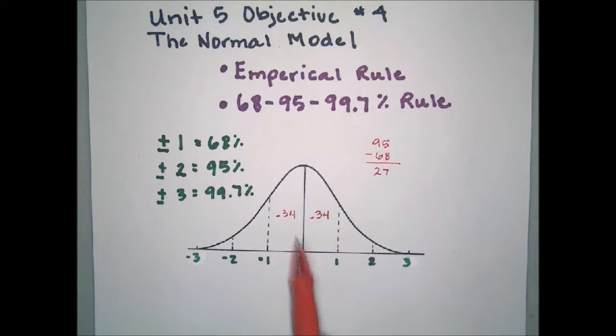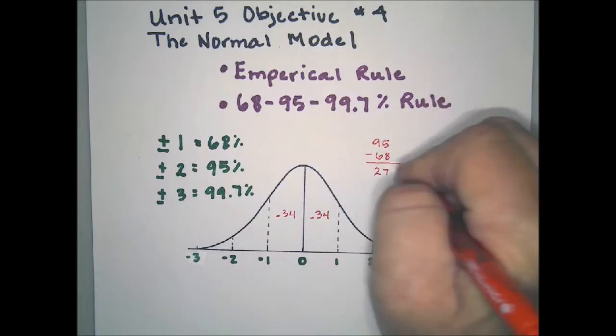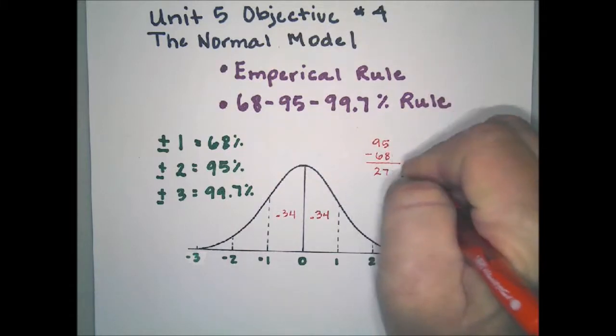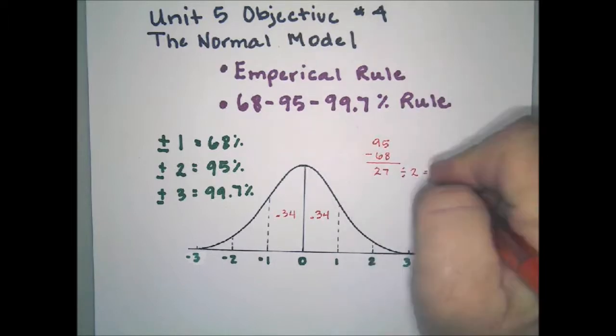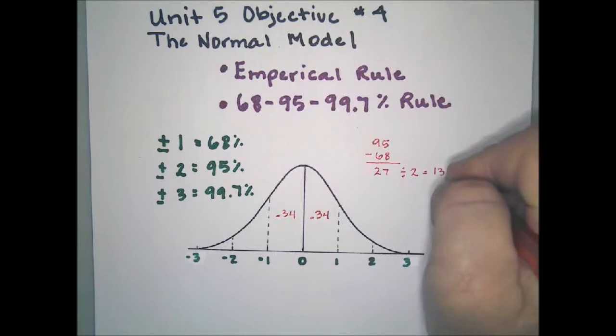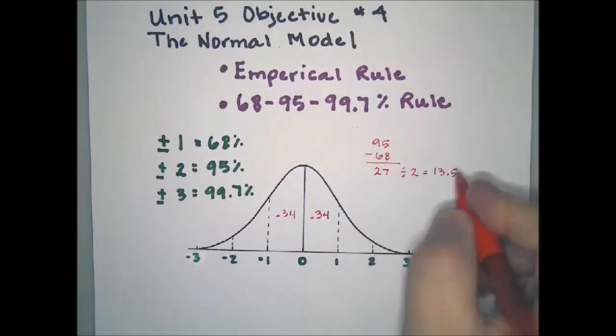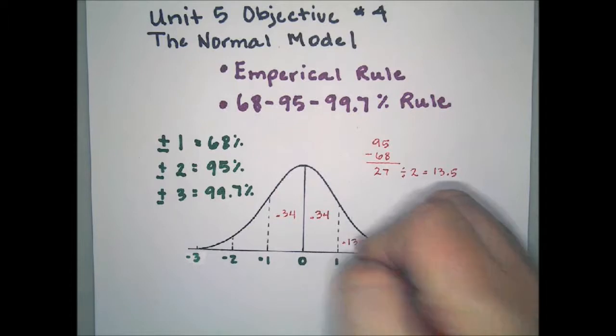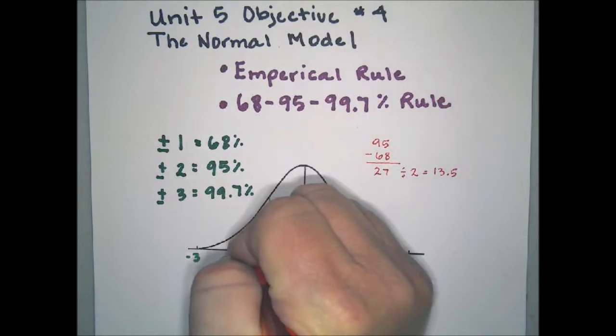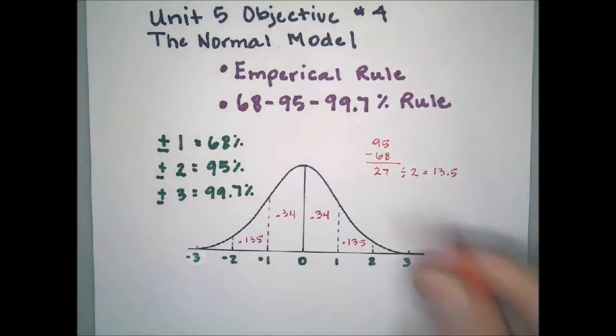Because it was 68, now it's 95, but half of that 27% belongs here, and half of it belongs here. So divide that by 2, and you get 13.5. So we put 0.135 right here, and we put 0.135 right there.